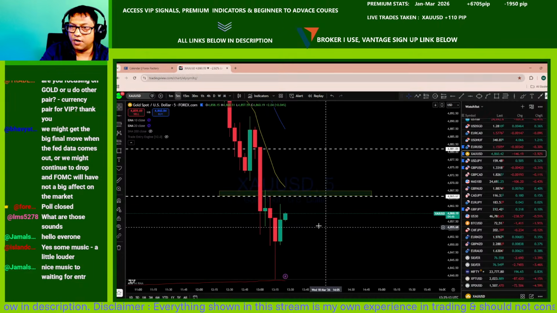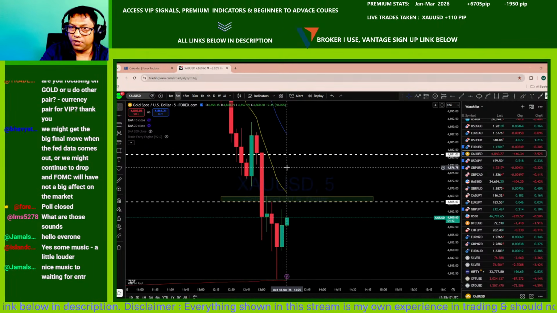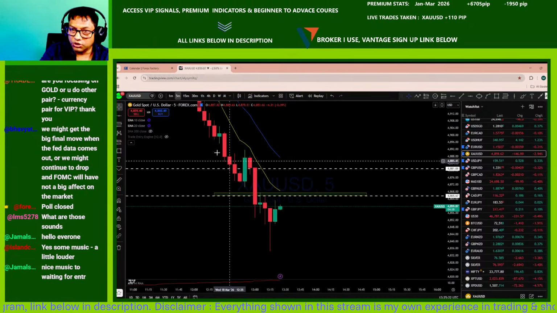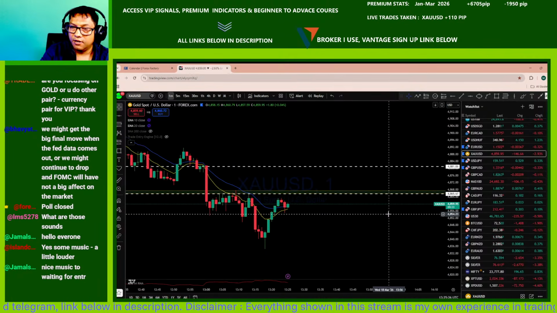And here is the market now. If you look at here, this is a pullback and there is a fair value gap here. I'm looking at the 5 minutes and the 1 minute. This is currently a pretty volatile market. We could see the market eventually come down back here.